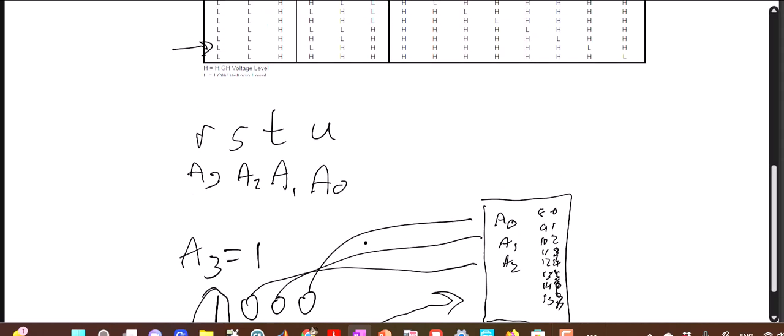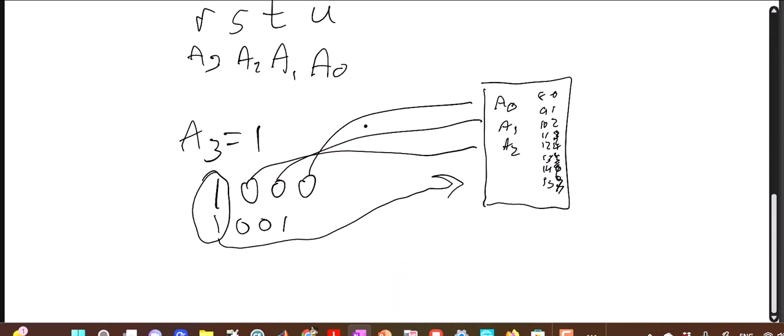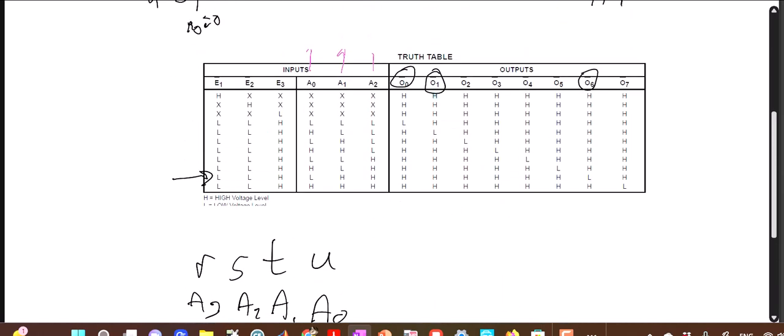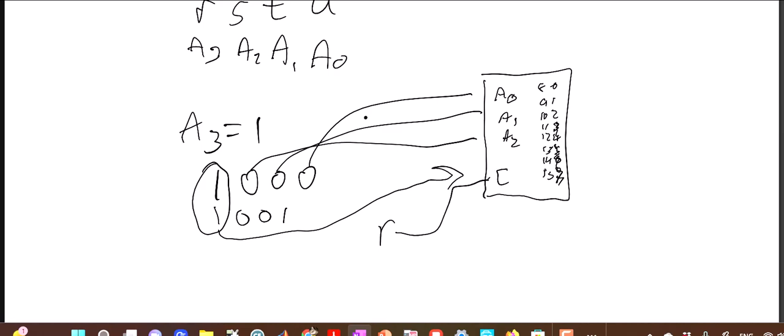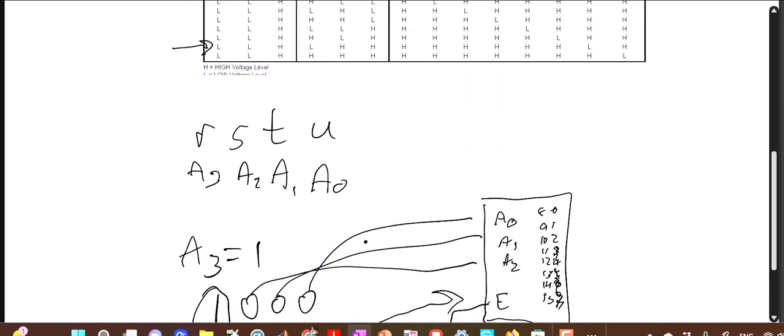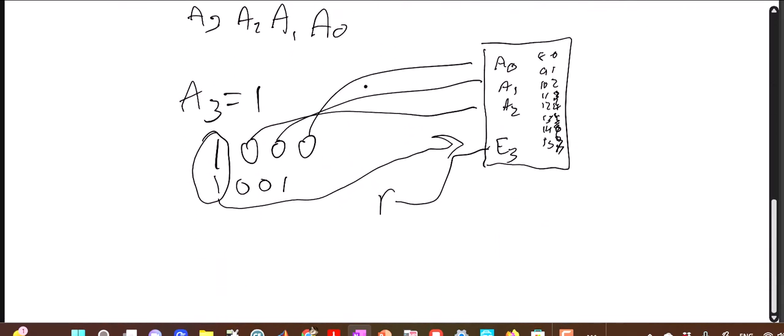If you look at your truth table, if I let that first bit go into E3, then when it's low, all of my outputs will be high, so none of them will be indicated. So you want R to go to E3, because you only want it to be enabled when this first bit is 1.